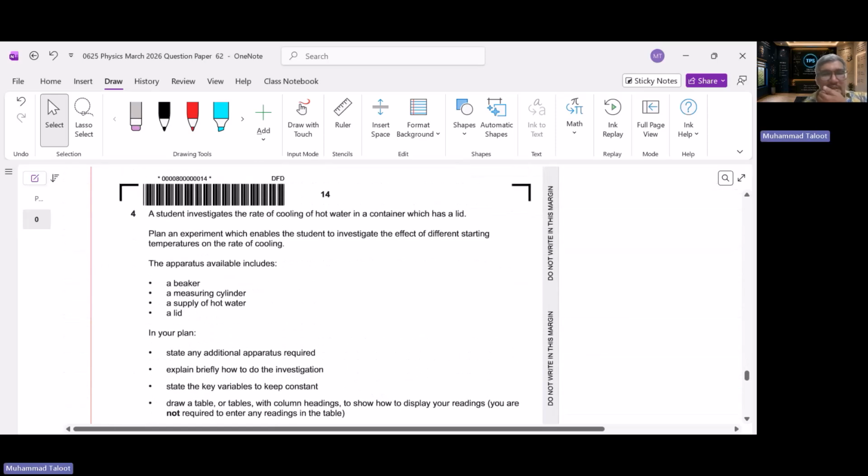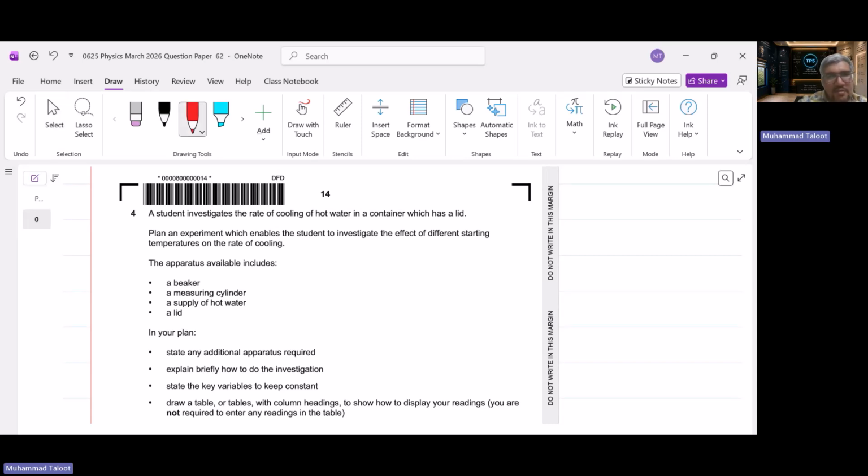So here we have an investigation, a planning question, a design question, very easy, and a scoring question, by the way, of the ATP. So we have to read the statements very carefully. A student investigates the rate of cooling of water.